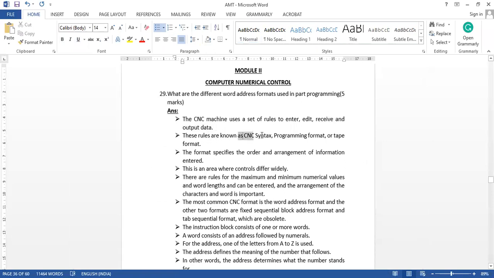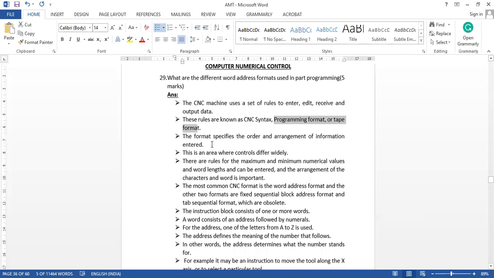These rules are known as CNC syntax, programming format, or tape format. And this format specifies the order and arrangement of information entered.